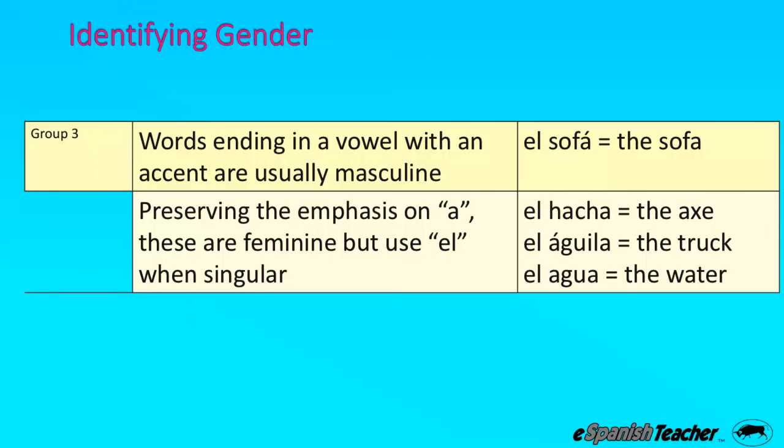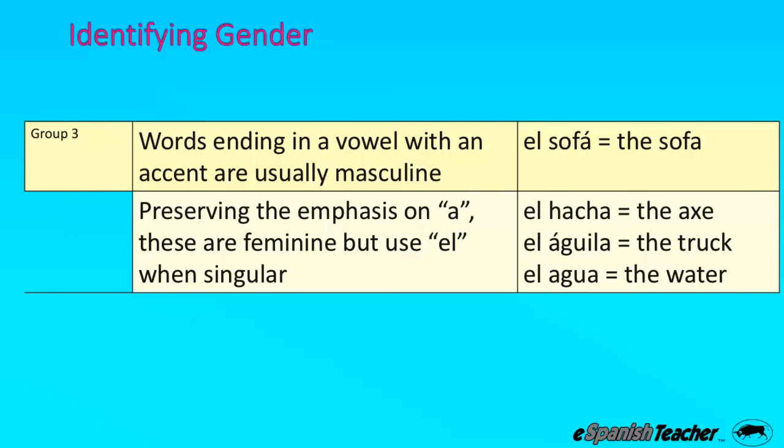And finally, in order to preserve the emphasis of some words, some nouns, the masculine article is used. So let's look at these three words. El hacha, el águila, el agua. Notice that each of these nouns has an emphasis on an A to begin the word. Well, in order to preserve that sound, they had to use the masculine el as the article.